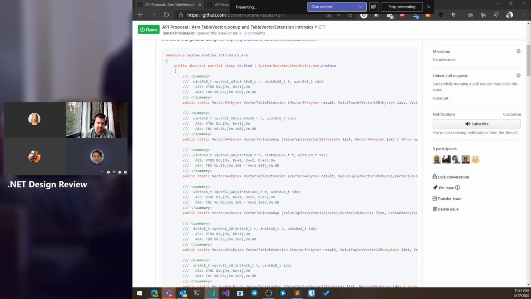Well, that actually locks us into the API shape. Yeah, that one does. Right. But in terms of your first question, yes, I would say the loads and stores are more important than the TBLs.